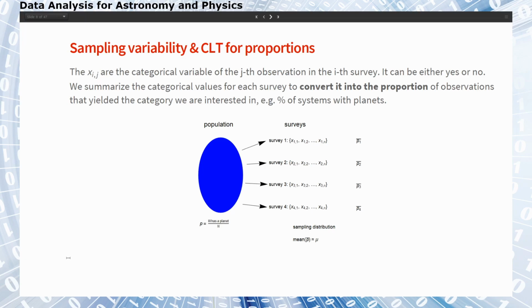So this converts our categorical data to data that consists of proportions P1 for sample 1, P2 for sample 2, and so on. And then we can do our statistics and our tests on the proportion data, which is now again numerical data.